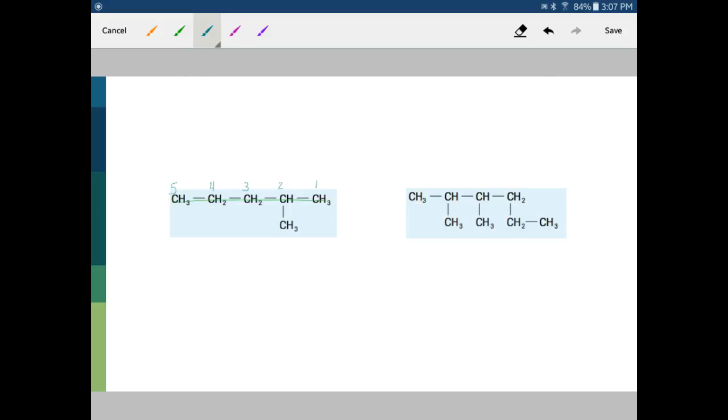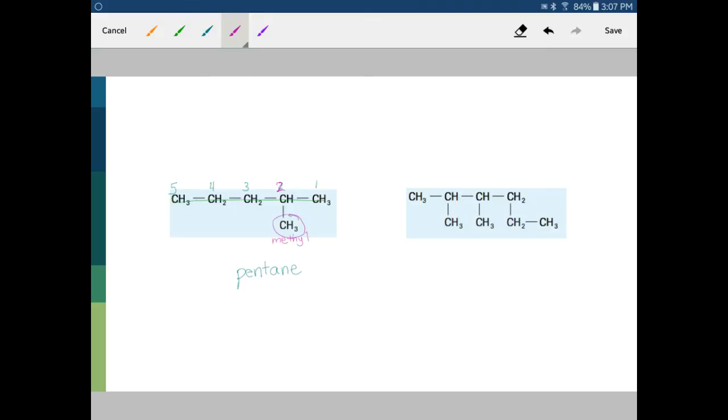Now, once I've done that, I like to jot down the fact that I have my longest parent chain, and I like to write it down because I know it already. I know that it is pentane, and that's not going to change regardless of my branches. Now, the other thing I need to note is that on my second carbon, I have a single carbon branch. So this means that I have a methyl group.